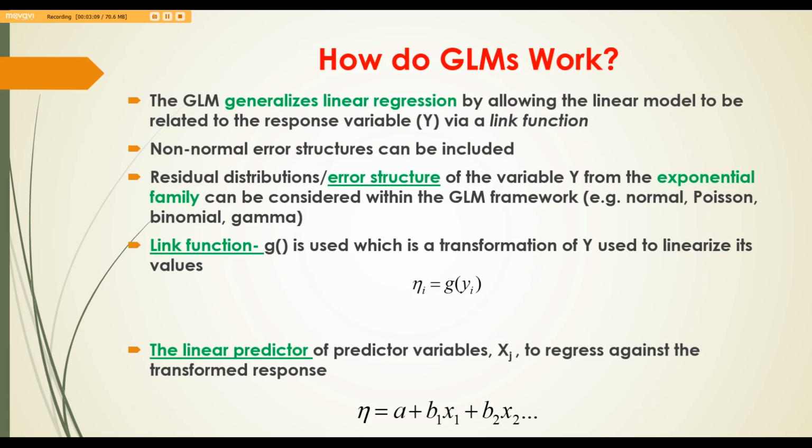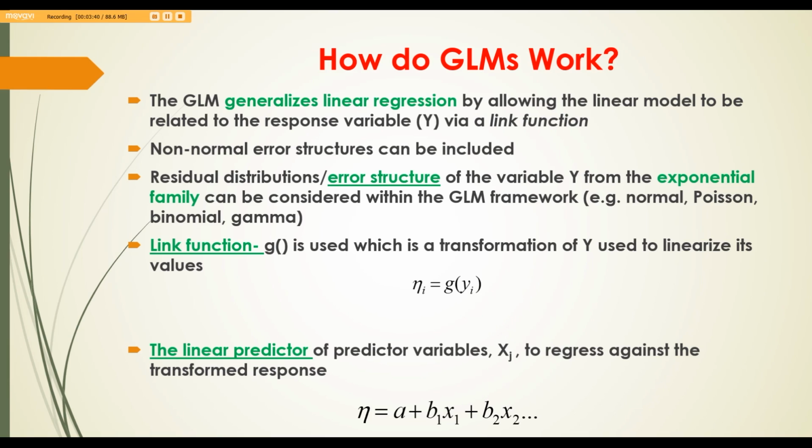GLMs generalize linear regression by allowing the linear model, which, as you saw, comprises the predictor variables and the coefficients, to be related to the response variable via a link function, and we account for non-normal error structures. An error structure of the variable y can hail from the exponential family, and this can be considered within the GLM framework.